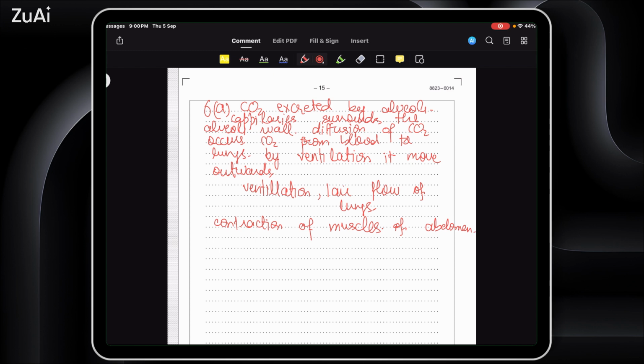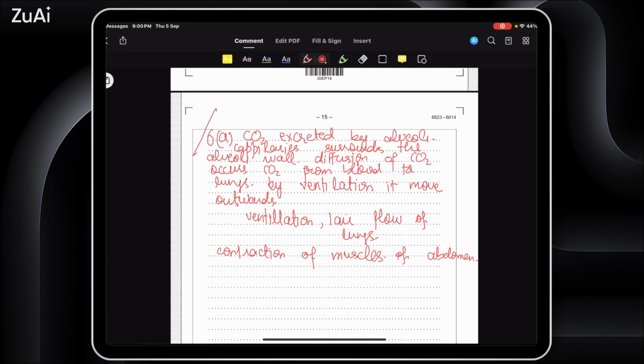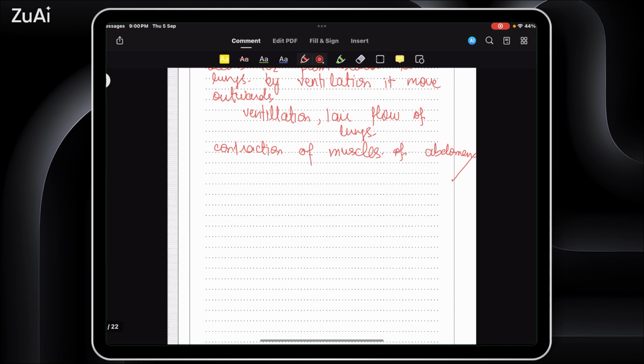This is how you will get the marks. You have to explain with respect to abdomen muscle contraction, ventilation, flow of carbon dioxide by diffusion, and the capillary network which receives the carbon dioxide has a short distance, so it can easily pass the carbon dioxide to the alveoli. That's how you have to explain this process.